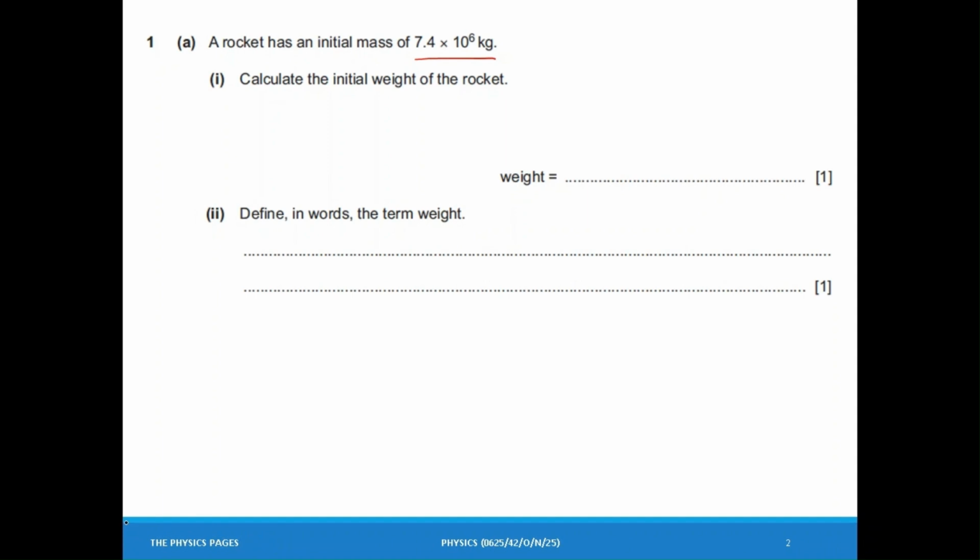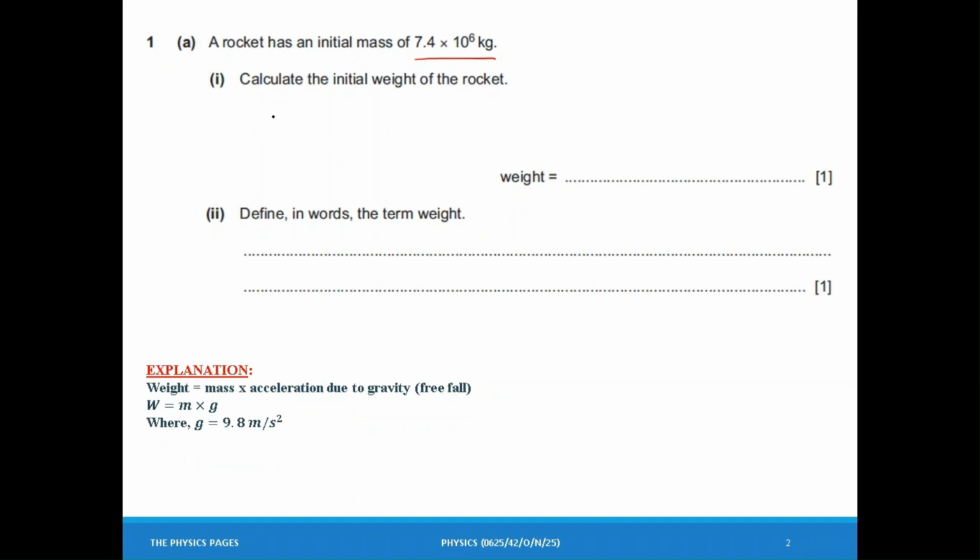So first of all, I would like to talk about the weight. We know that weight is the mass times gravitational acceleration, or free fall acceleration. Symbolically, we can say W for the weight is equal to mass m times g, the gravitational acceleration, which is mentioned as 9.8 meter per square second.